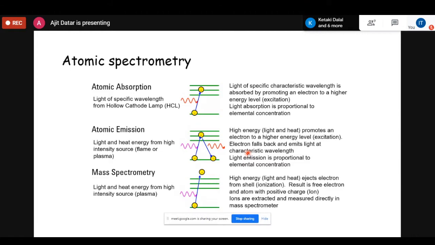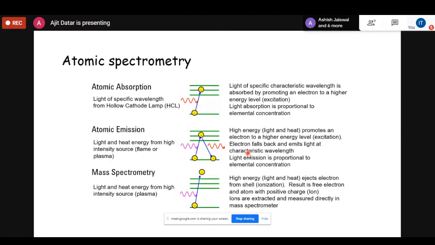There are two types of atomic absorption spectroscopy equipment. One is based on flame, the other is based on graphite furnace. Graphite furnace has a better sensitivity compared to flame. As I'm not going to talk on this technology as such, I'm not going into those details, but remember that atomic absorption is a quantitative analysis tool. It is not a qualitative analysis tool.